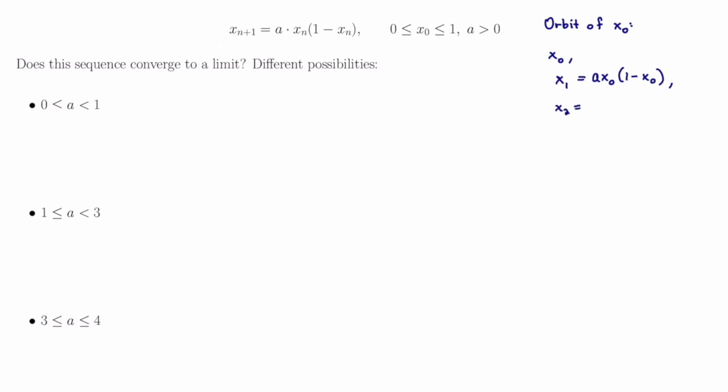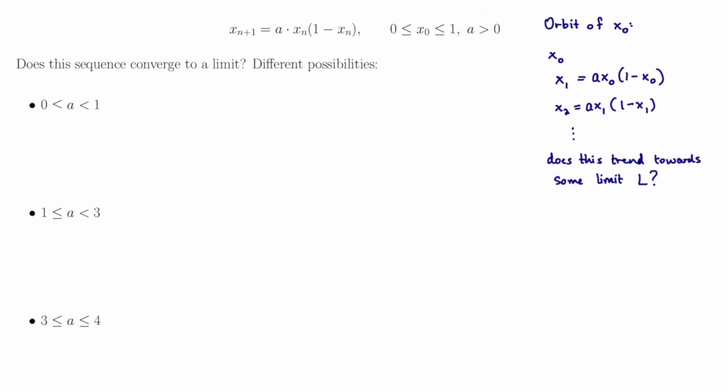Then we go to x2, which is a times x1 times 1 minus x1. And we keep doing that. So the question is, if I compute all of these terms, do they trend towards some limit L? And it turns out that the existence of a limit is going to depend on this parameter value a.